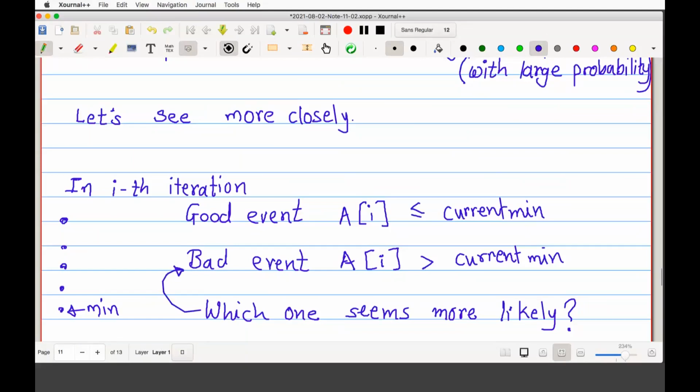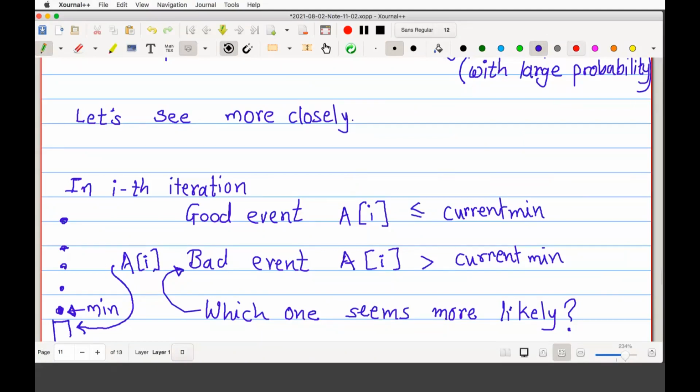So let's see just in the ith iteration. Suppose so far the i minus one elements are arranged like this, and the minimum is sitting somewhere here. Now A_i, the ith element, comes, and the good event is that it falls somewhere below the minimum.